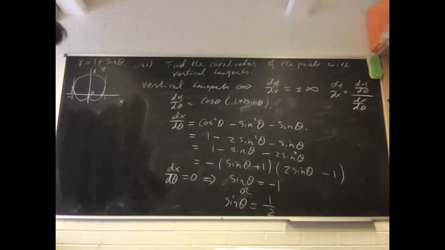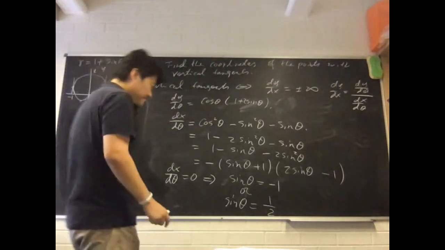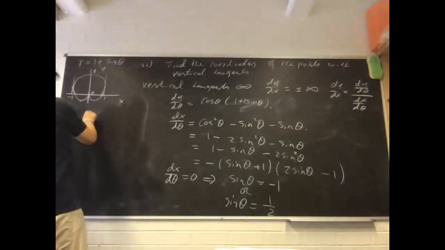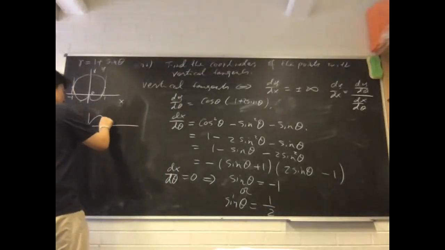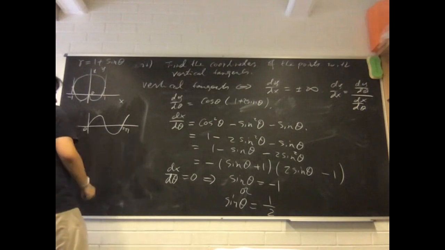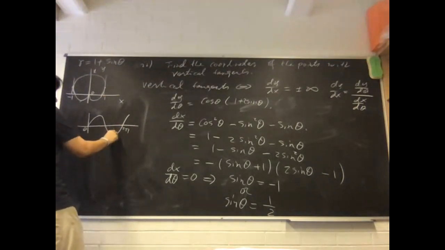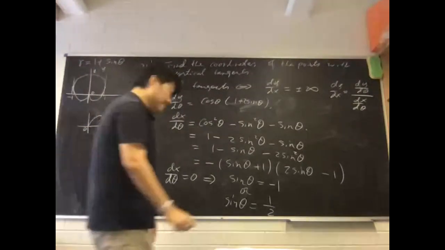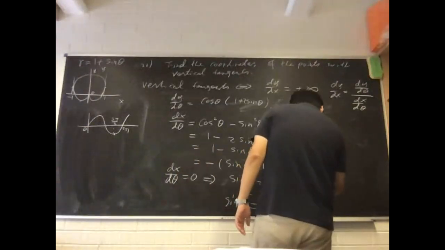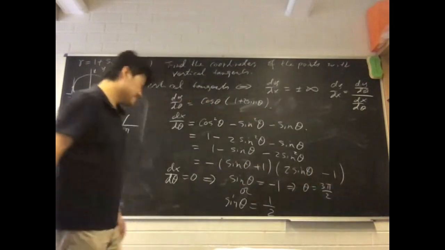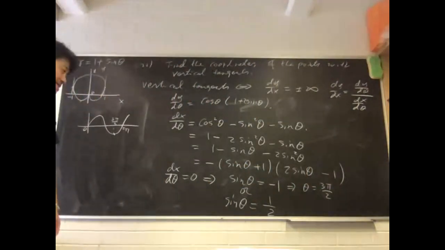So where is sine theta -1? Between 0 and 2 pi, sine is only -1 at 3 pi over 2, right? So theta is 3 pi over 2. Well, where is sine 1/2?